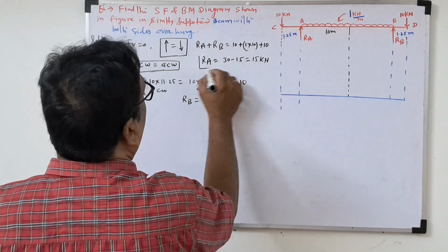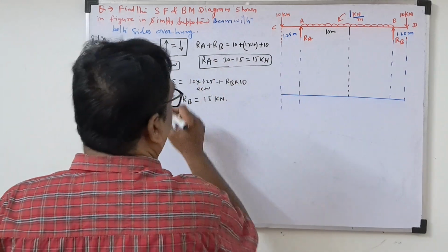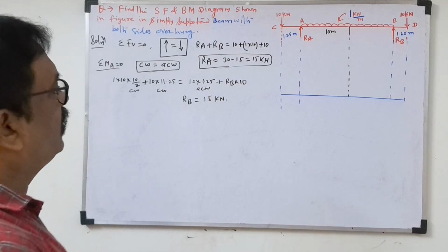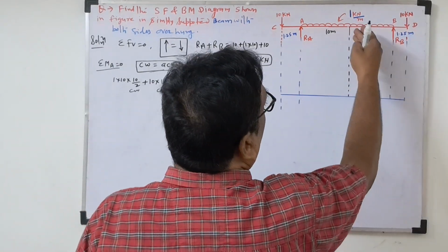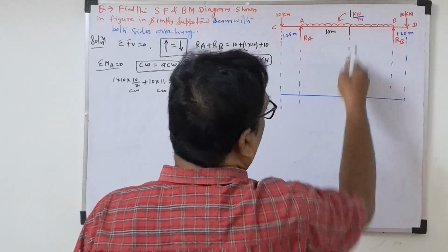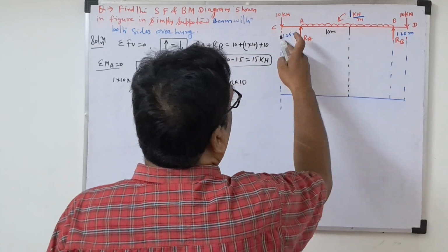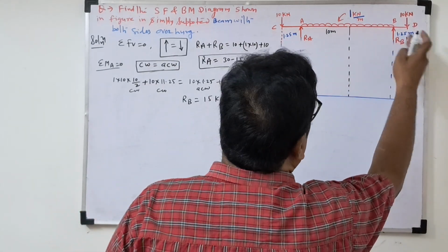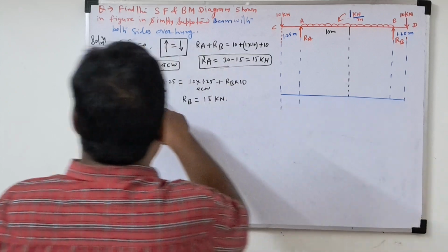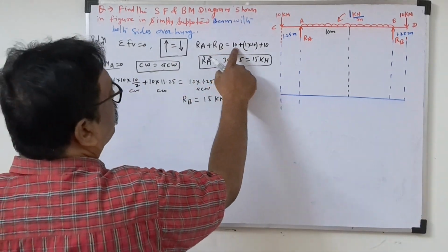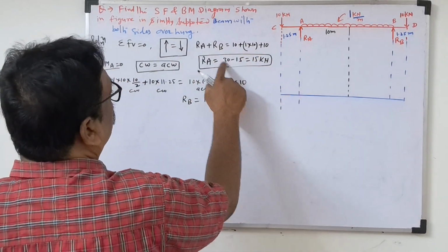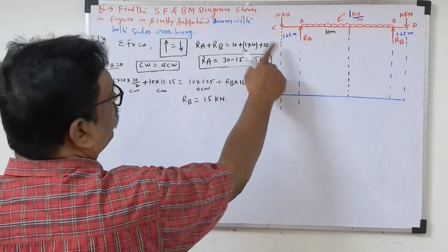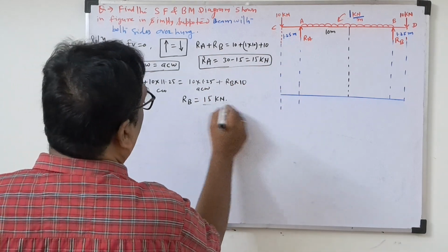What I am trying to say here is that generally a beam like this will not be symmetrical, but luckily this is a symmetrical beam. If you take the middle point, RA and RB: 10 plus 10 plus 10 is 30, 30 divided by 2 is 15. The calculator also gave 15.